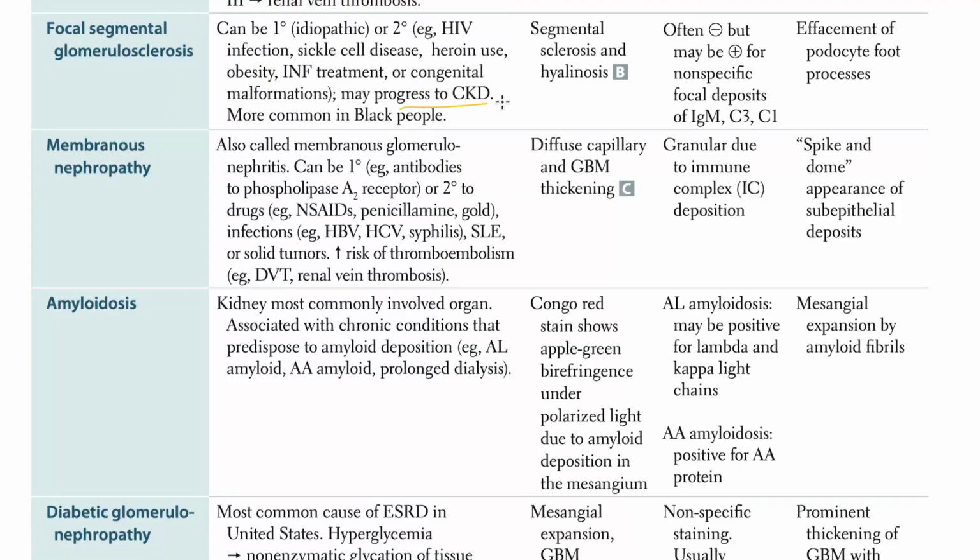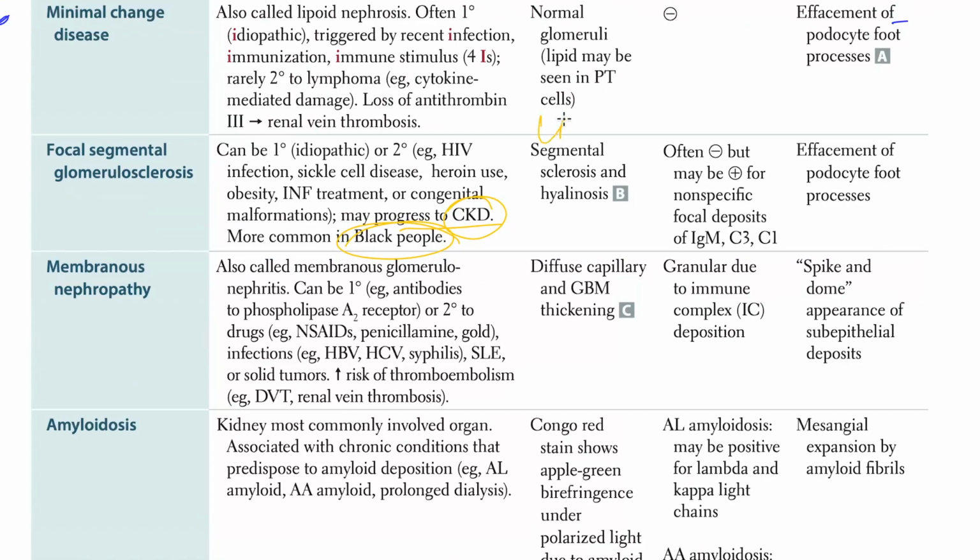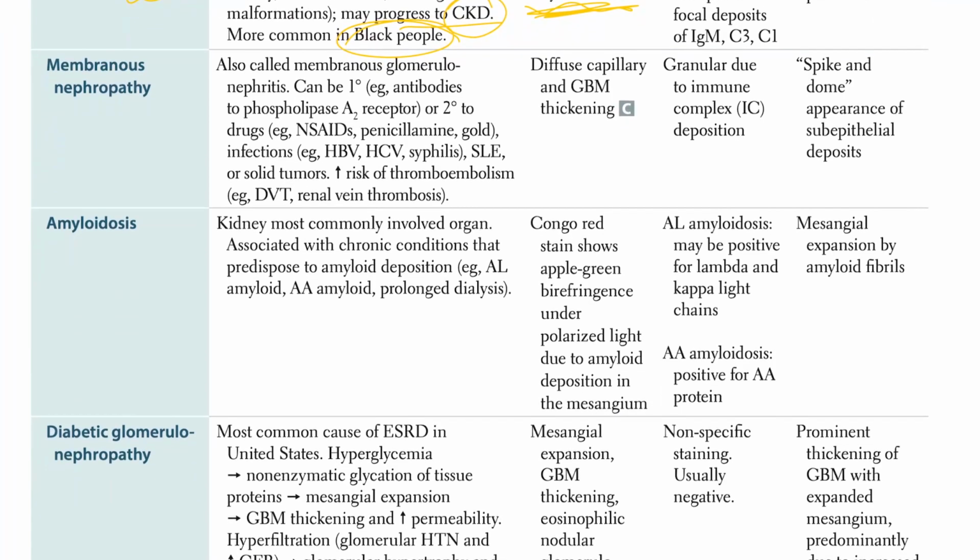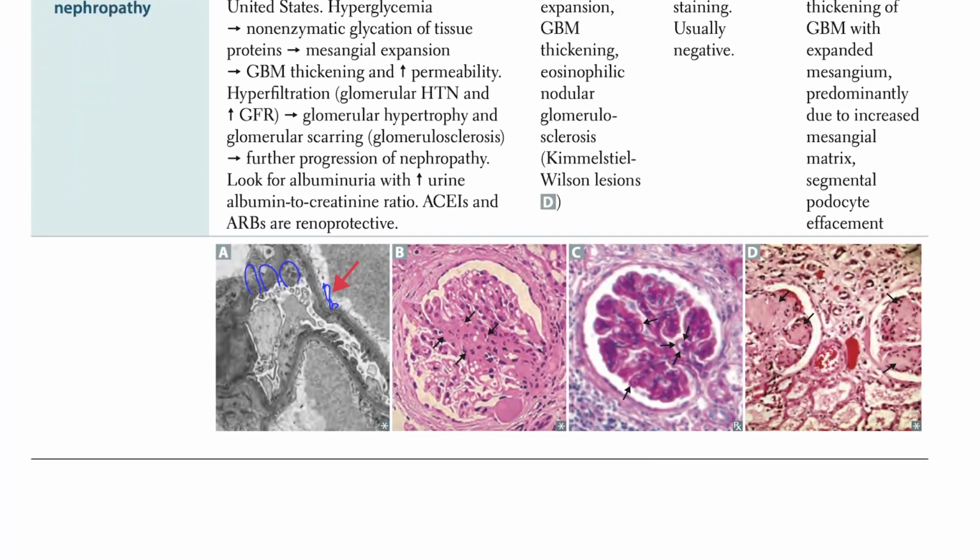So let's talk about that. May progress to CKD, chronic kidney disease, and is more common in black people. In light microscopy, you're looking at segmental, because we talked about segment, sclerosis, because we talked about sclerosis, and hyalinosis, right? Looking at picture B, you can see segmental.